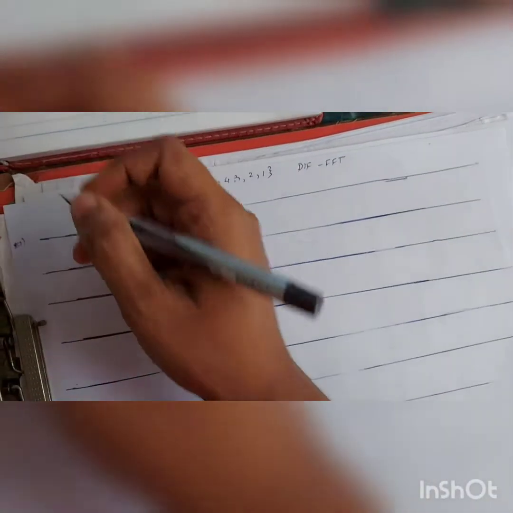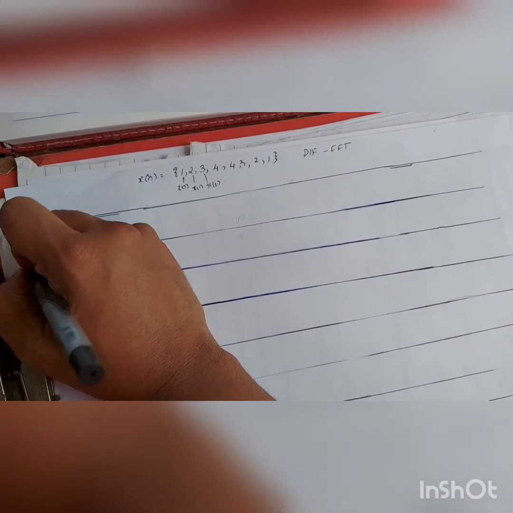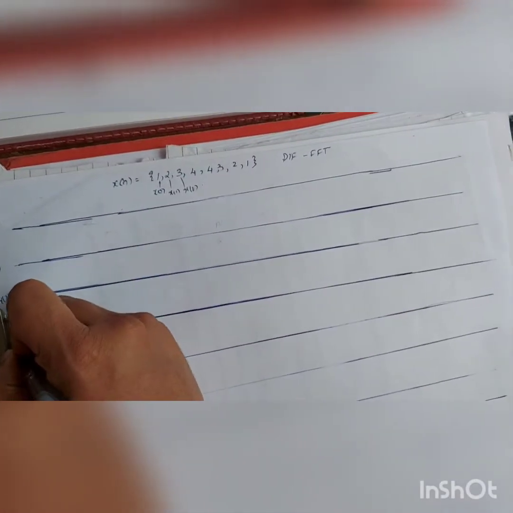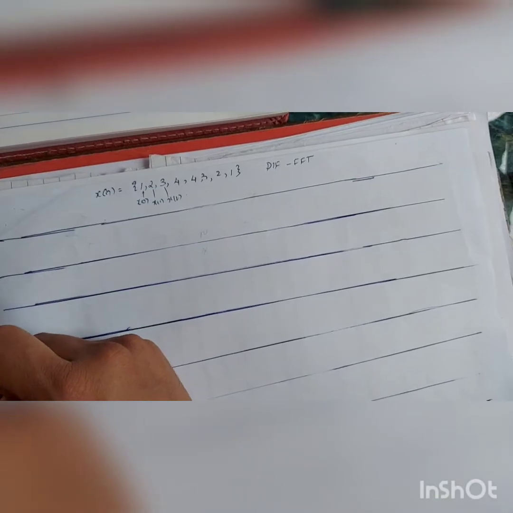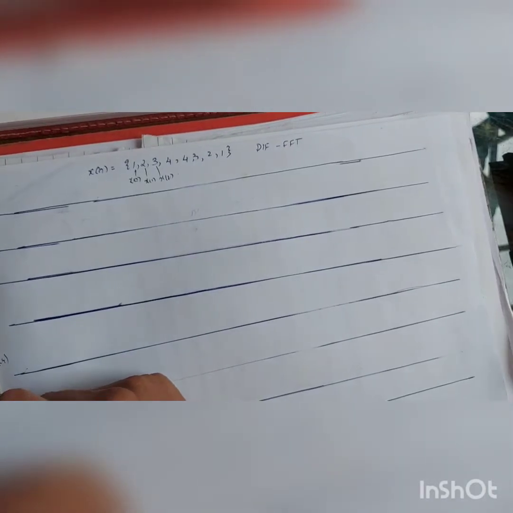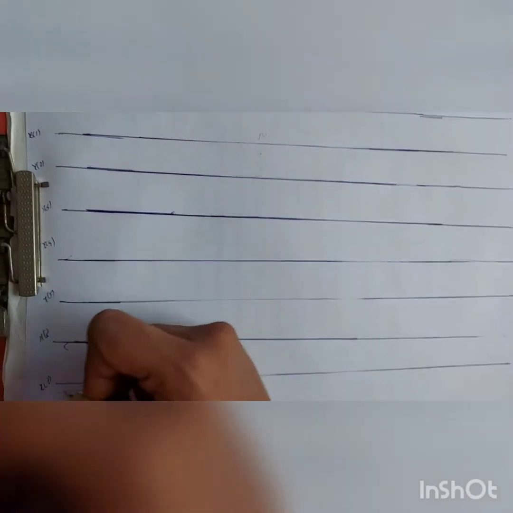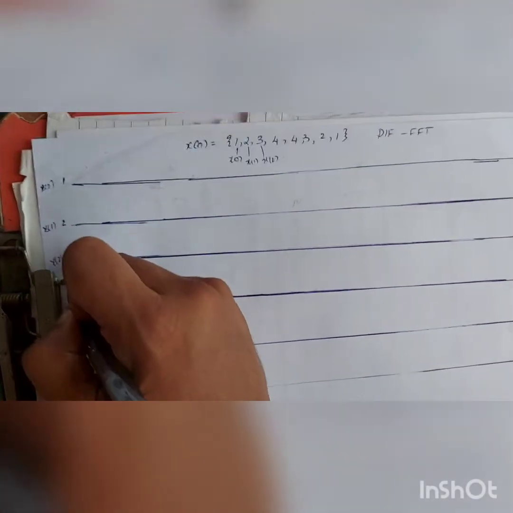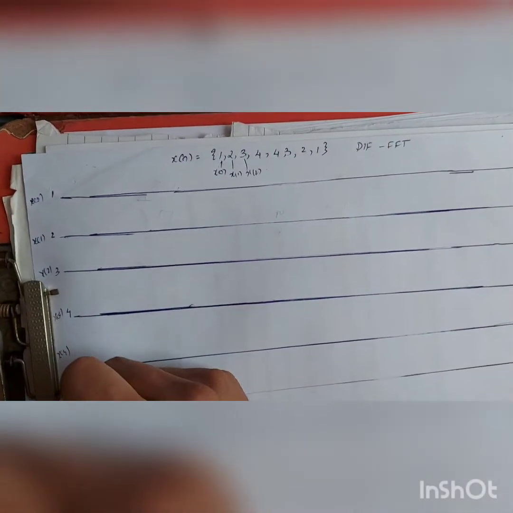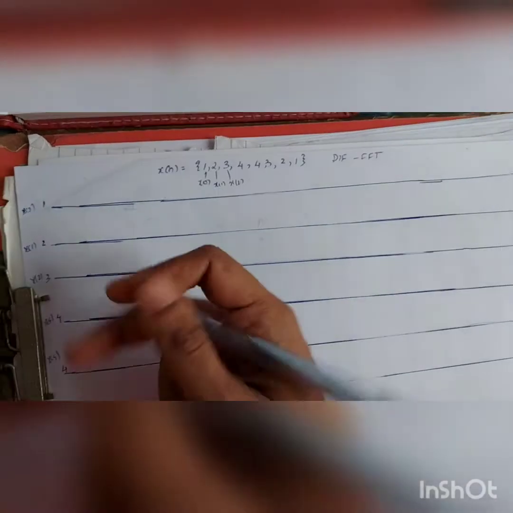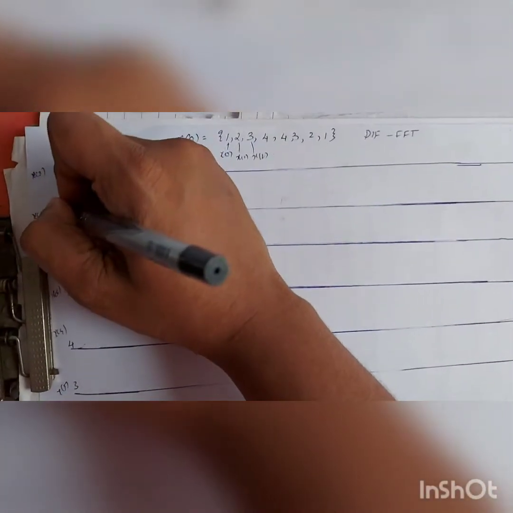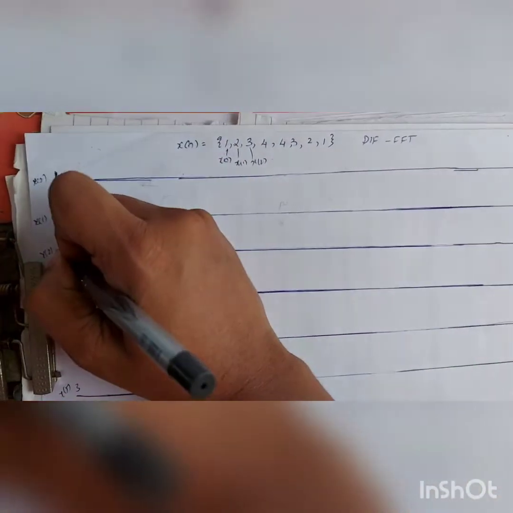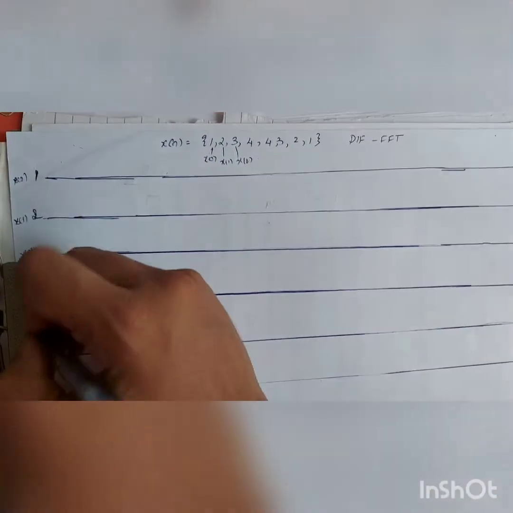This will be x of 0, x of 1, x of 2, x of 3, x of 4, x of 5, x of 6 and x of 7. So we input the values in the same order, 1, 2, 3, 4, 4, 3, 2, 1. These are the inputs.